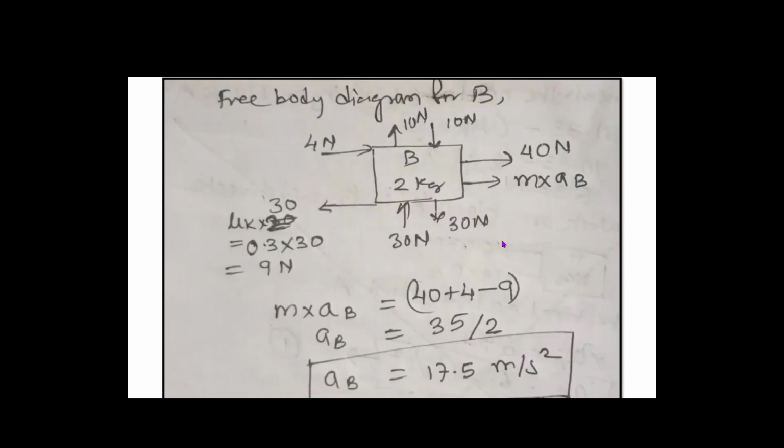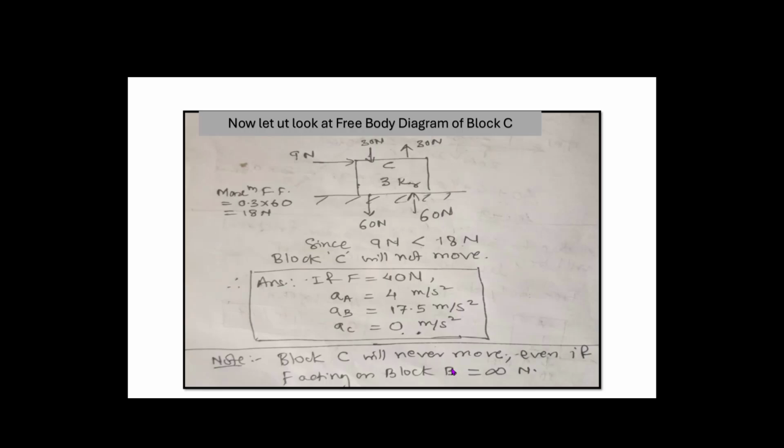So even if I change this force to infinite force, that can be a variation, you can put infinity there even, and they can ask what is the acceleration of block C. So you should be very sure that the block C will not move because the maximum frictional force which gets transmitted to block C is not exceeding the maximum frictional force which is holding block C.